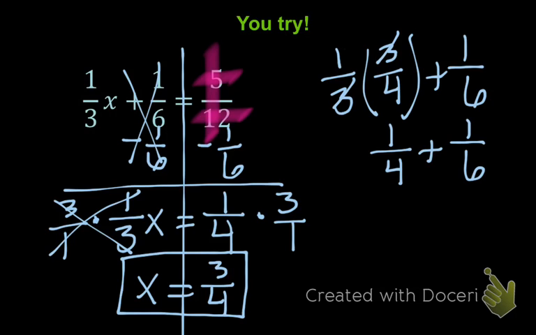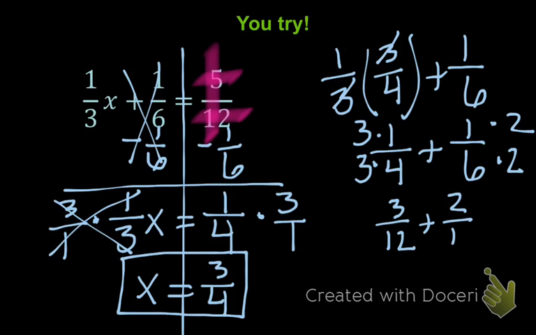Uh-oh, I need a common denominator. Yes, that would be 12 in this case, so I need to multiply this fraction by 3/3 and this fraction by 2/2. So I'm left with 3/12 plus 2/12. When I add that together, do I get 5/12? Yes, I do. So I know I got my answer correct.